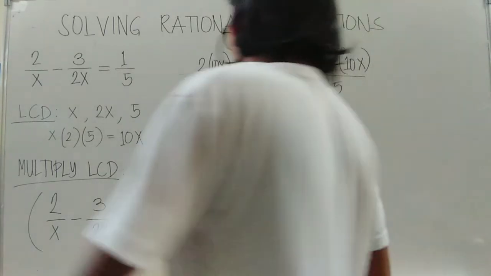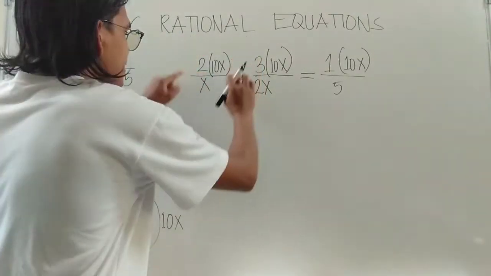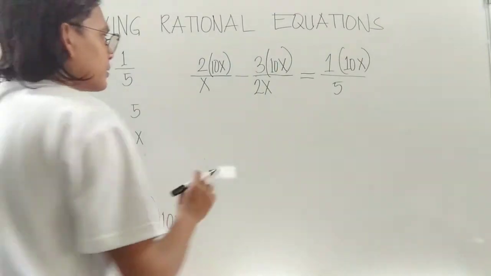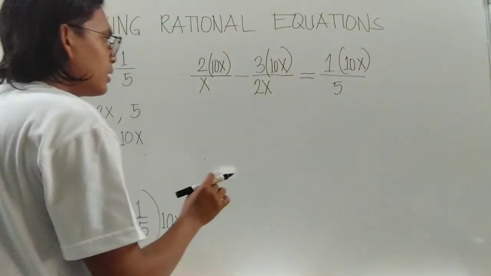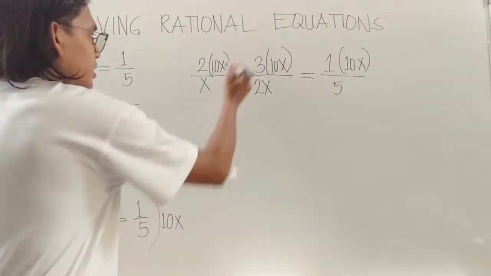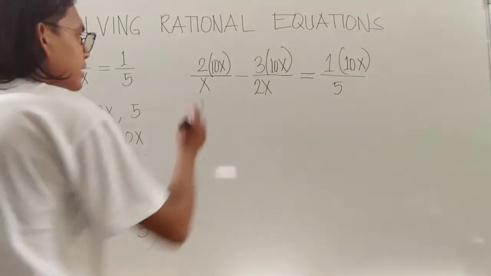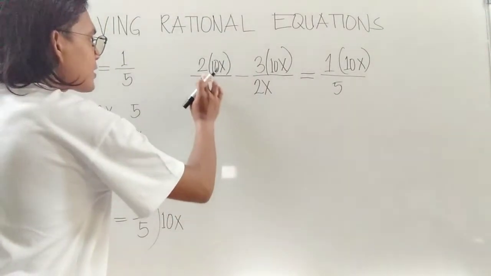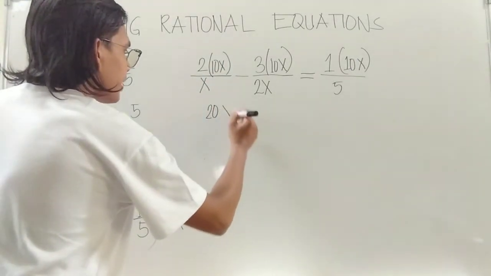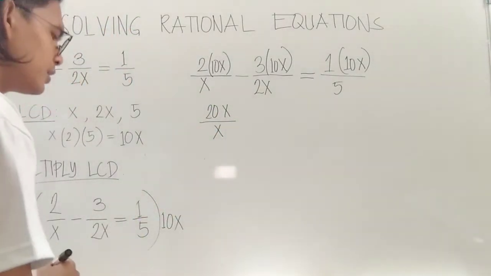So we have 2 times the quantity of 10x divided by x. I will teach you the basic steps and fundamentals. Some people use the shortcut, dividing first before multiplying, but let's multiply using MDAS. So 2 times 10x is 20x over x, copying your denominator.